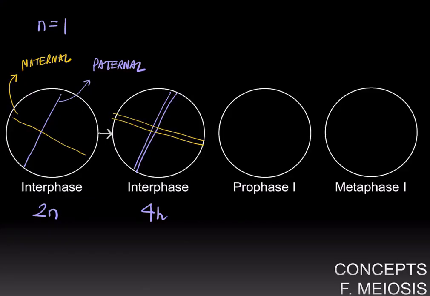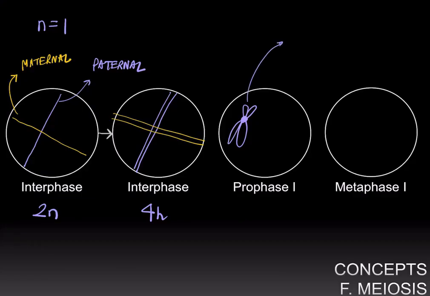During prophase 1, these chromosomes are going to condense into chromatids, and the 2 copies resulting from DNA replication are called sister chromatids.